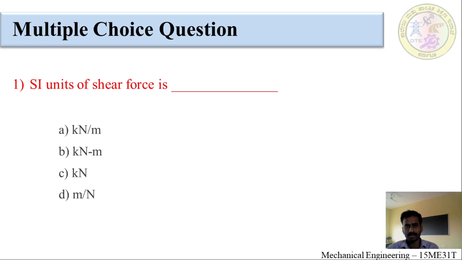Question number 1: SI unit of shear force. What will be the unit of shear force? The options are kilonewton per meter, kilonewton meter, and kilonewton or meter per newton. You have to identify the correct unit of the shear force among the given options.